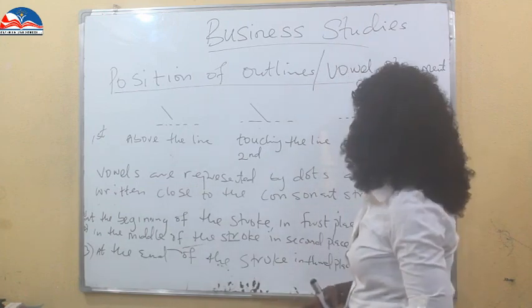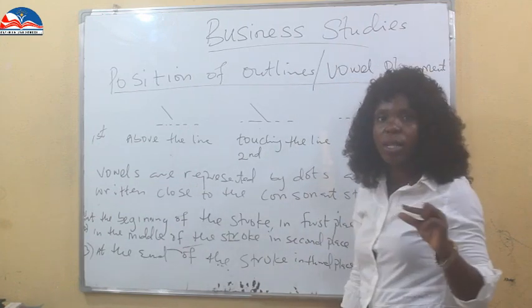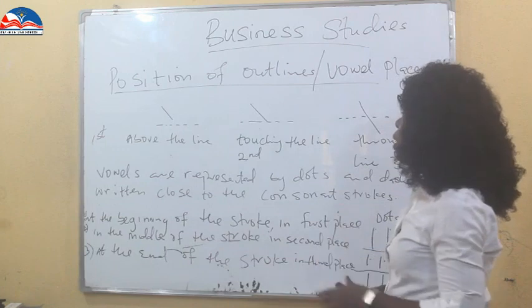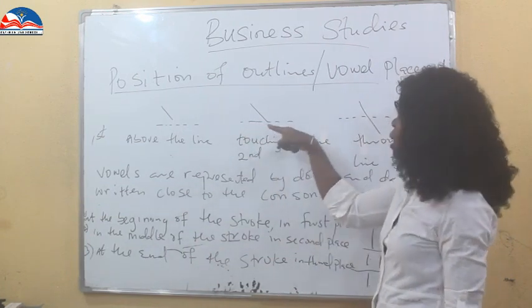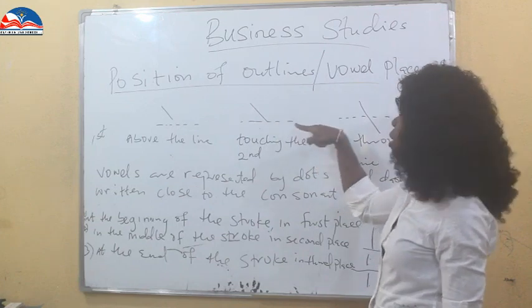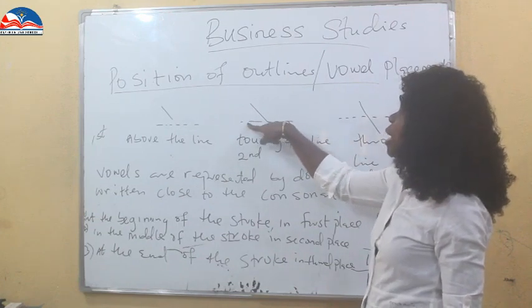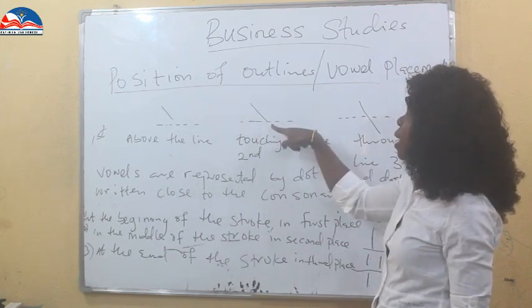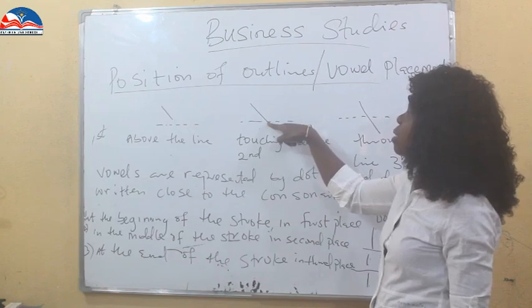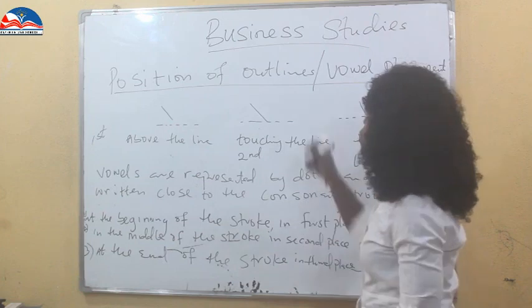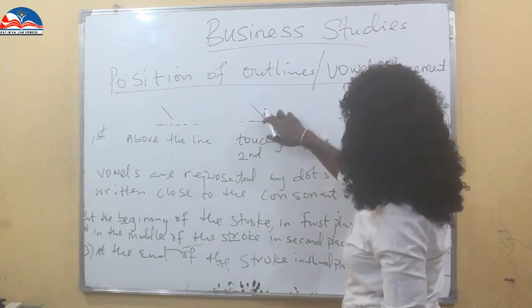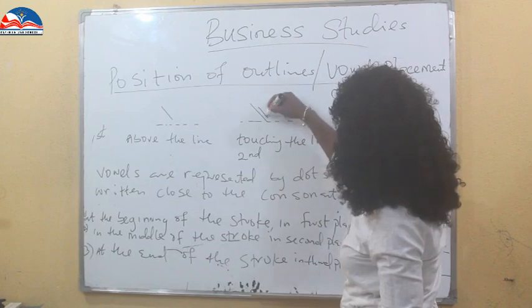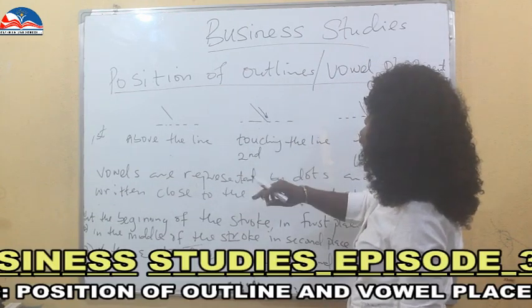Then the next one is the second positioning, which is an outline on the line. Why did I say on the line? Because it touches the line in your book. This dotted line represents the line in your book. So I write my outline, and it starts from the point of origin if you are writing from here. If you are going through from here, it stops at the point of origin.